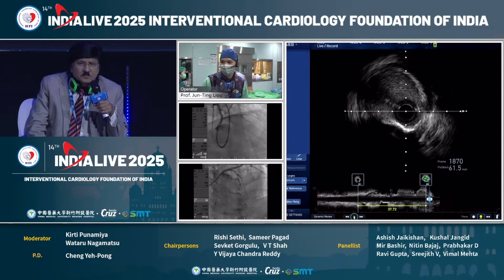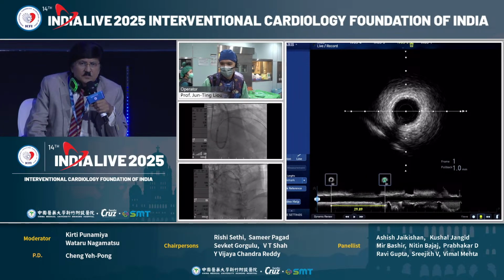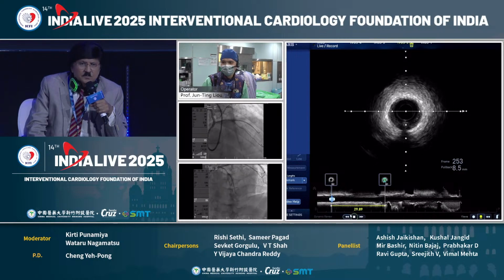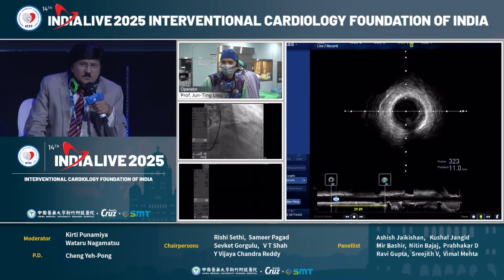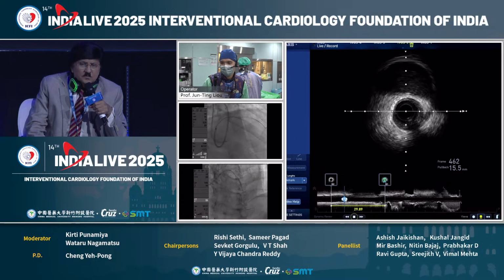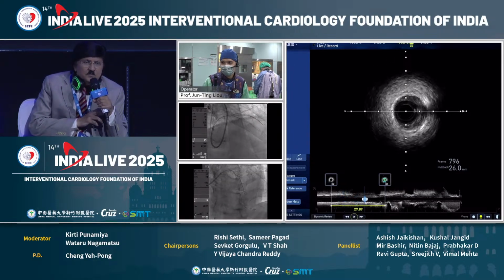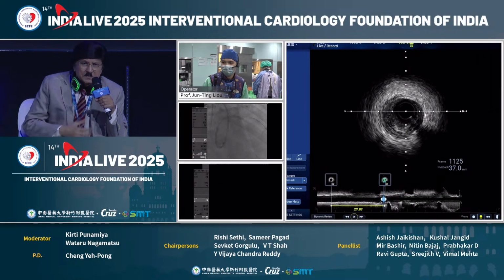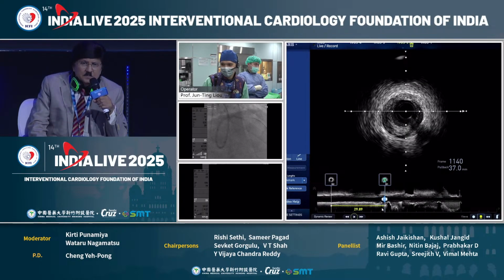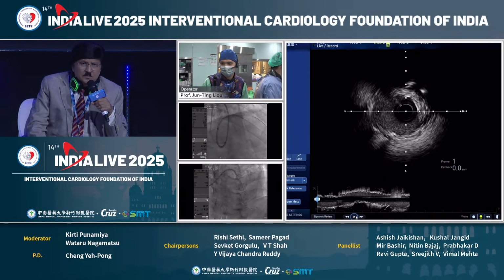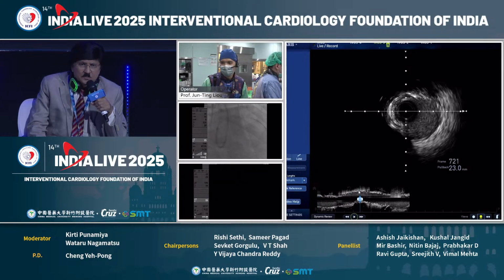Okay, that's the LAD pullback. And here's the DB pullback. DB is about 2.0 diameter with diffuse and heavy plaque burden. Near the ostium, there's some hematoma, also in the 6 to 10 o'clock direction. We also do a pullback of the circumflex stent, emphasizing the ostium part.